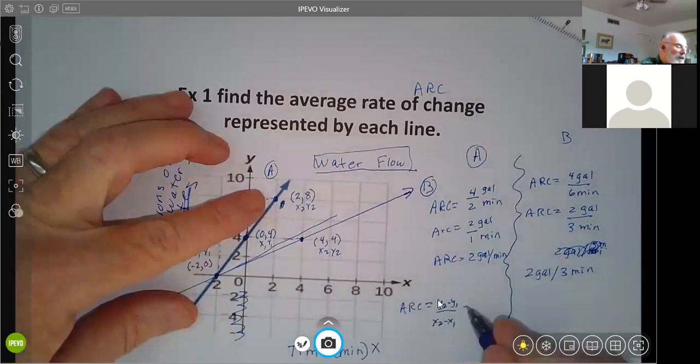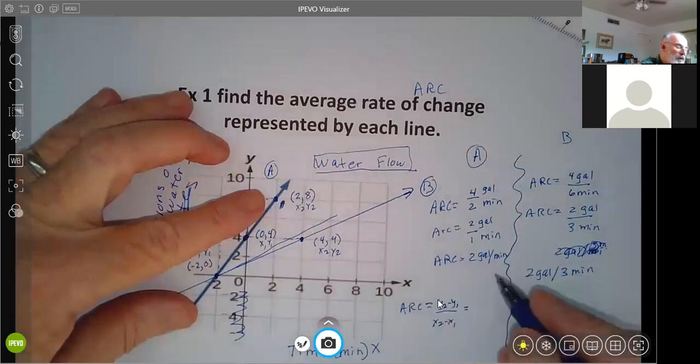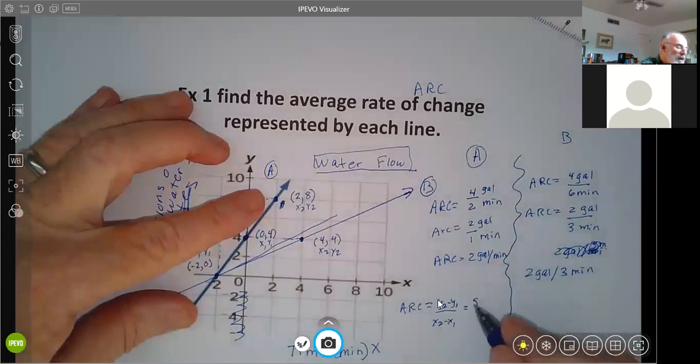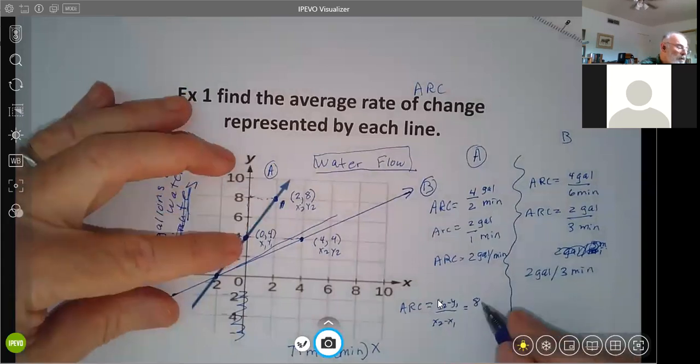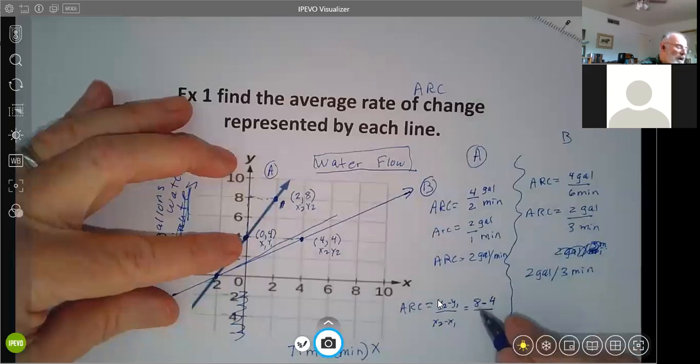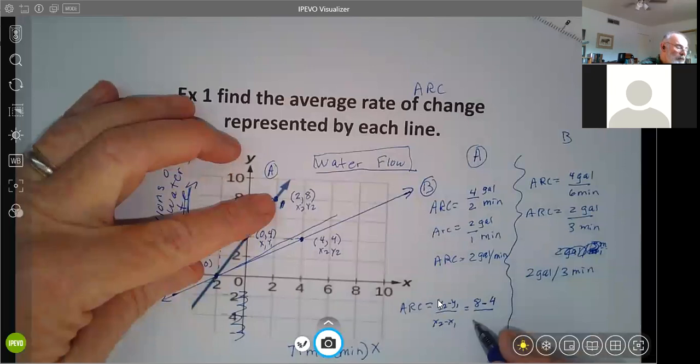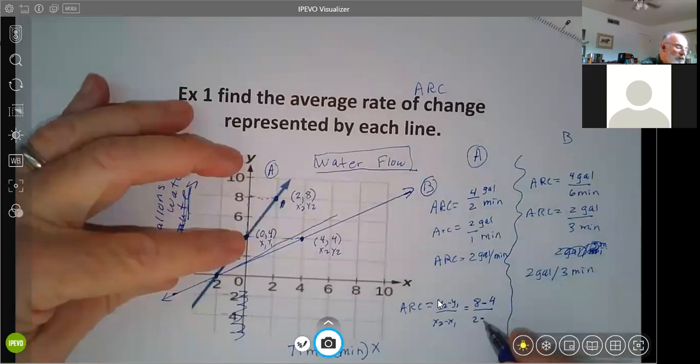My y2 is 8. My y1 is 4. So 8 minus 4, because both of those are positive. You still have the negative sign, but the two entries were positive. And then x2, which was 2, minus x1, which was 0.